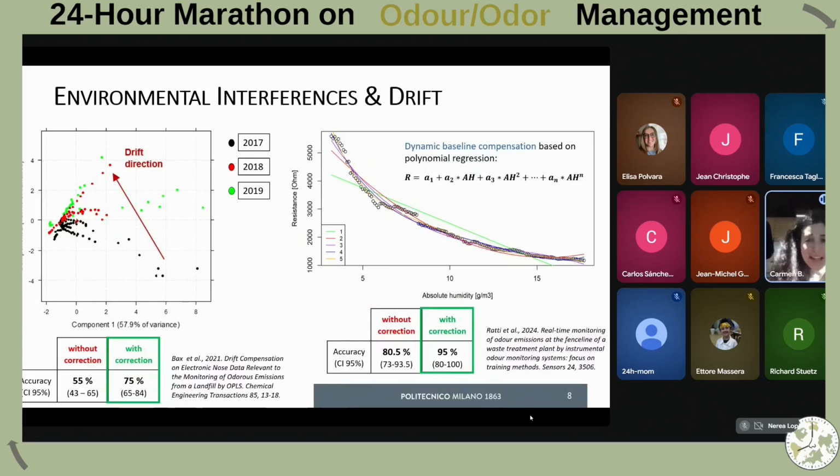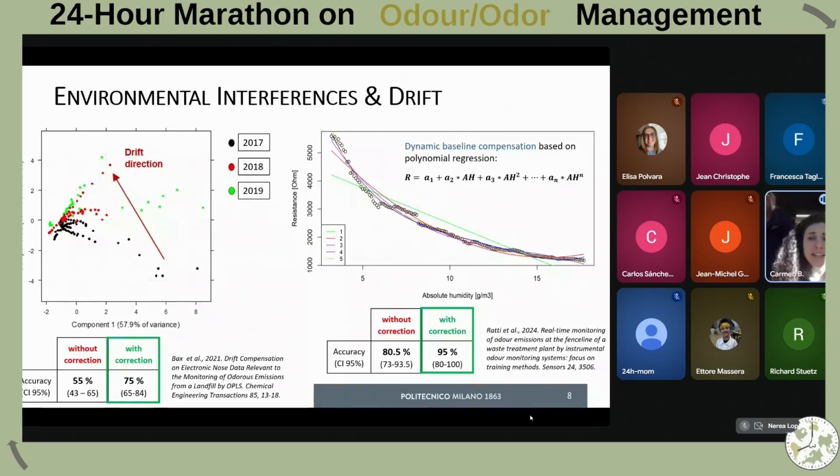On the right side of the slides, I report the results of the compensation that we implemented for correcting the humidity changes that the sensor experienced over the monitoring when it was installed at the fence line of the waste treatment plant.